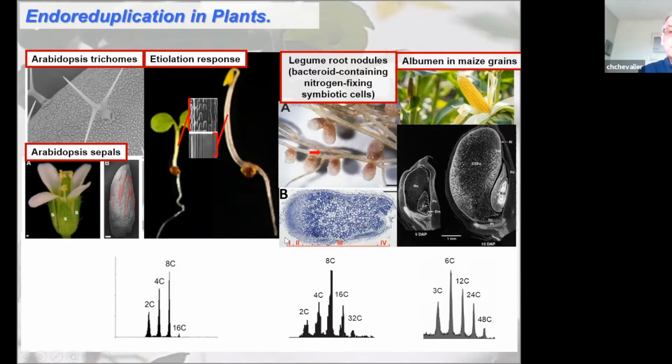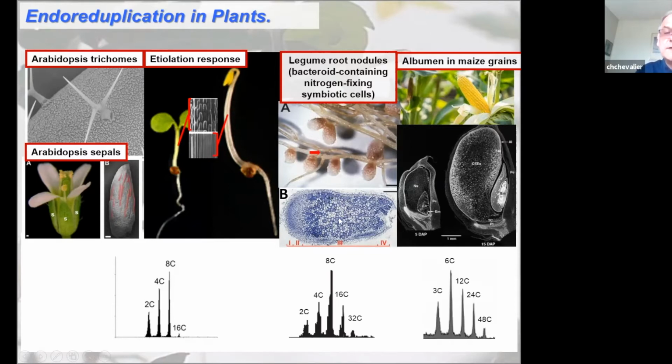Another very well known system is the legume root nodules, which develop after the interaction with some bacteria. These nodules are really important for plants, as they are the nitrogen fixing organs.